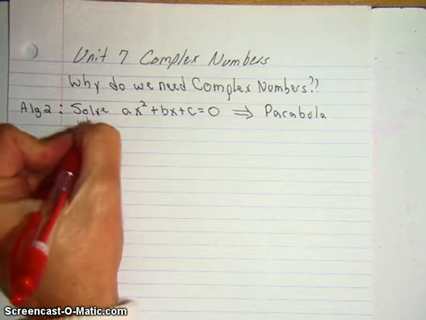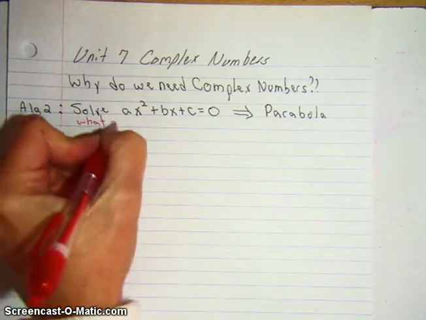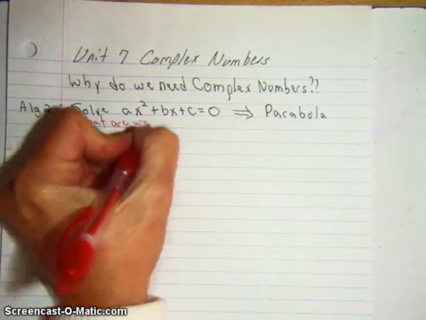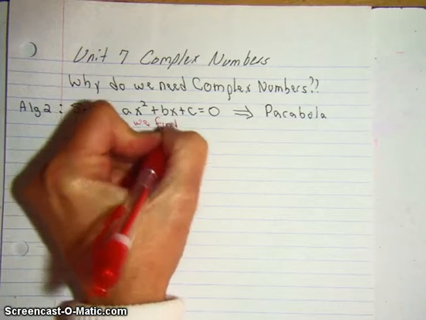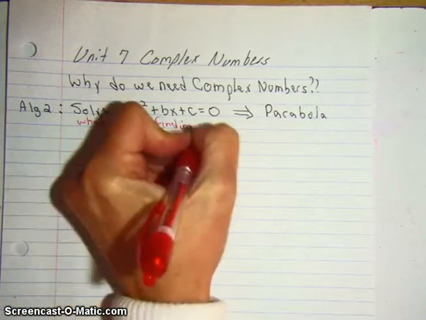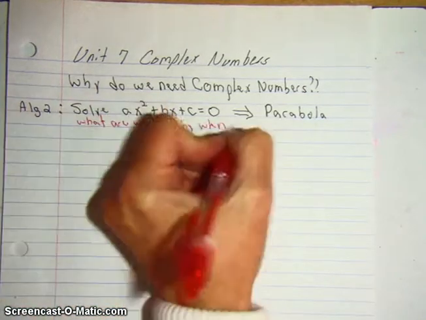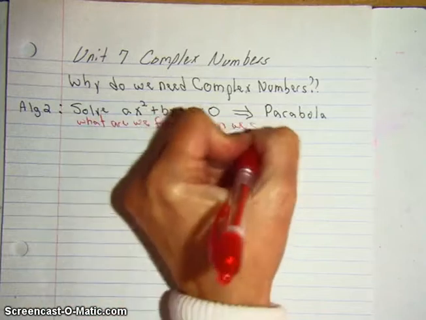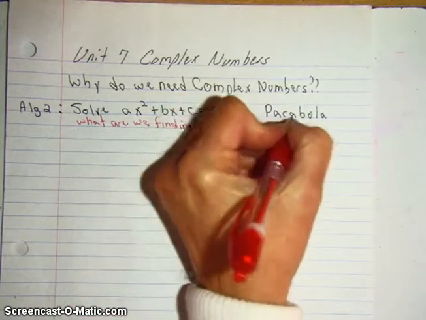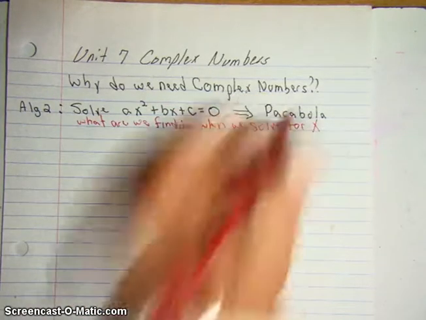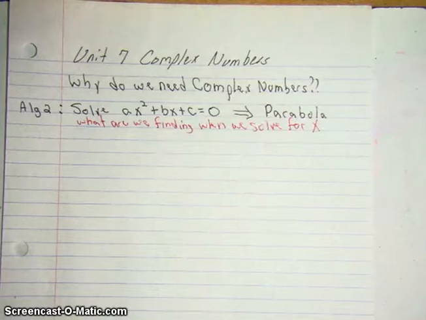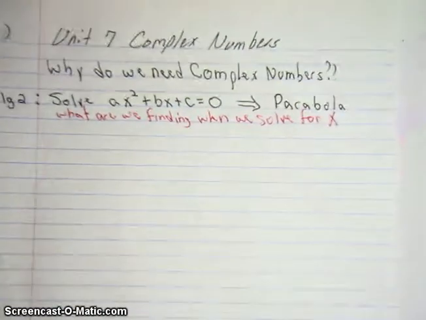What are we finding when we solve for x? So I think everybody has an idea of what a parabola looks like.